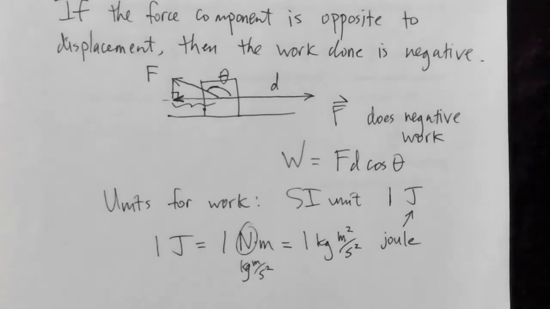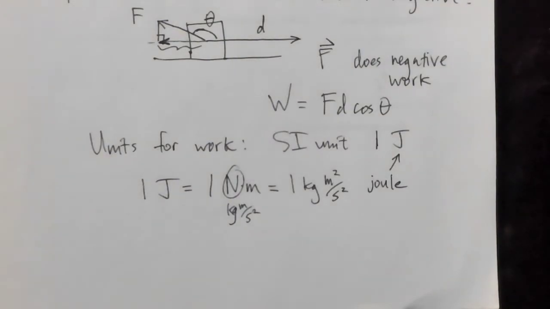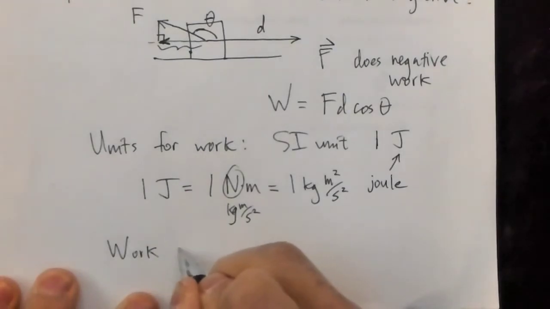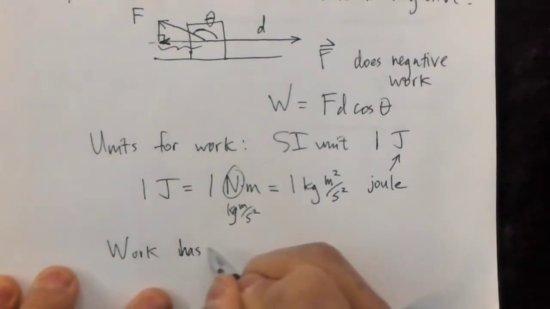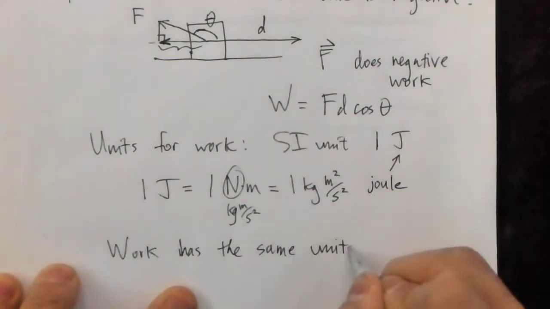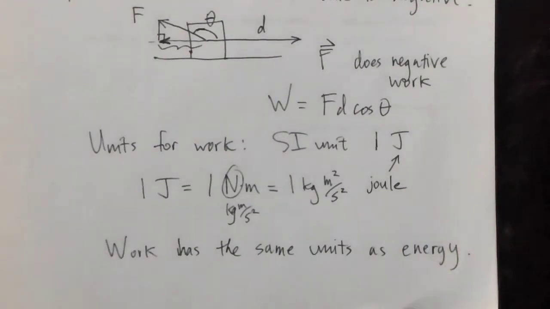This has the same units as something we're going to talk about a little later. Work has the same units as something we haven't talked about yet, but energy. So work is actually related to the transfer of energy through forces.